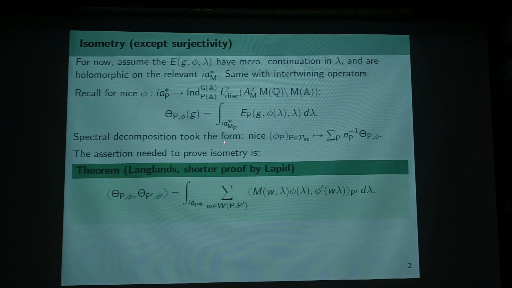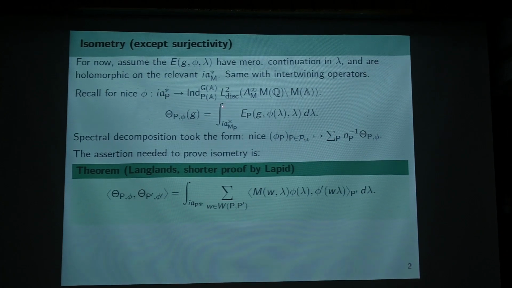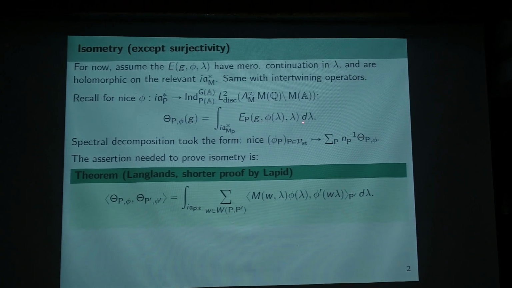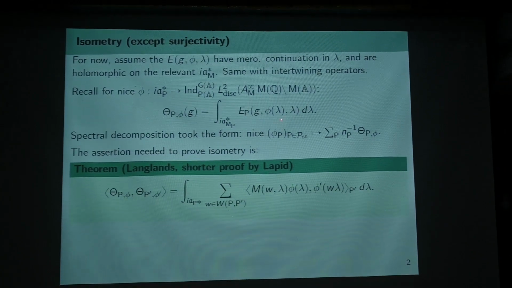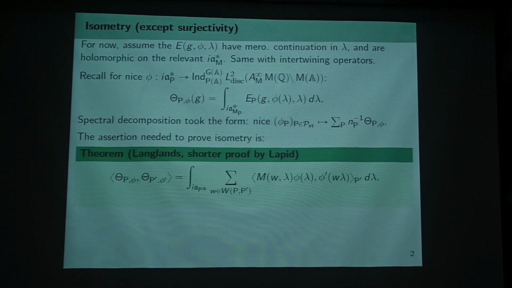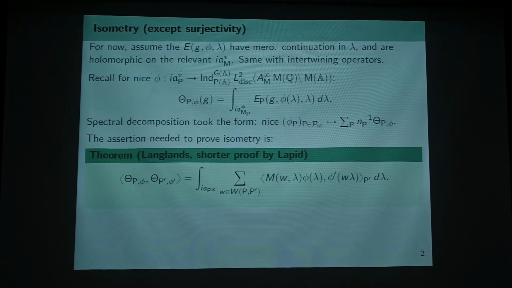So if you want to pair this with another of the same form, you might want to pair the integrand here with the analogous integrand for P prime, and then take the integral inside. But that is of course impossible because Eisenstein series are never in L2.